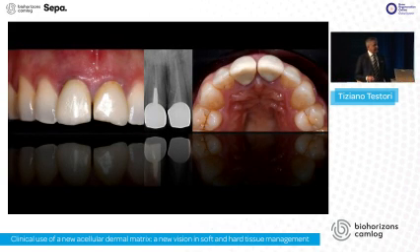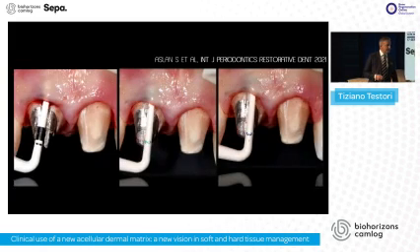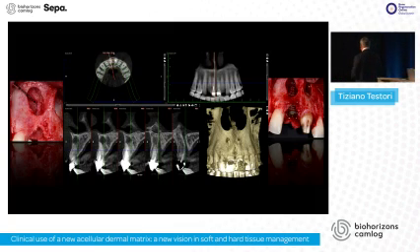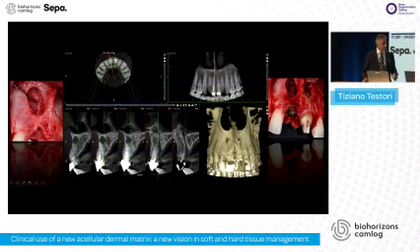This is a case in which we have the fractured tooth. The diagnosis, the periodontium. This is after having extracted the tooth, the defect that we have with the exposure of the nerve.